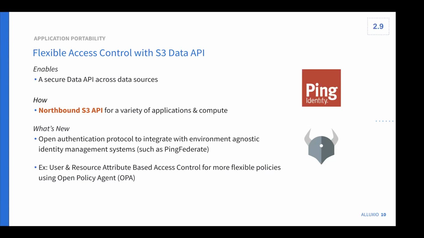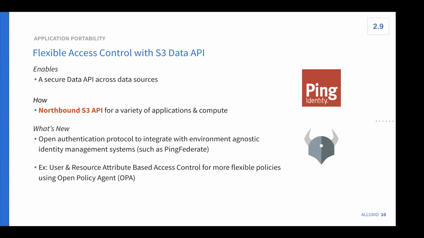Now, with this release, we are introducing authentication using an OpenID protocol. So we hook into systems like Ping Federate so that the authentication for S3 requests to Alluxio can be done using an ID provider such as Ping Identity.